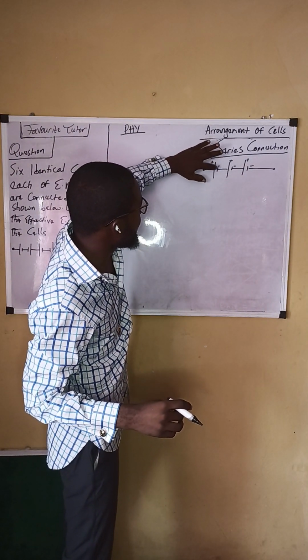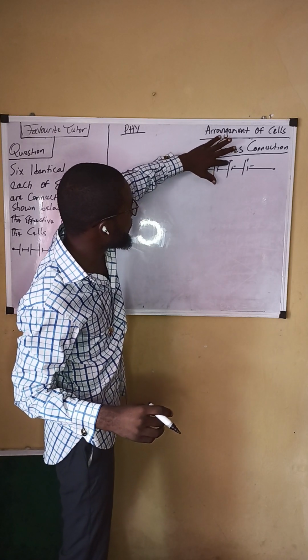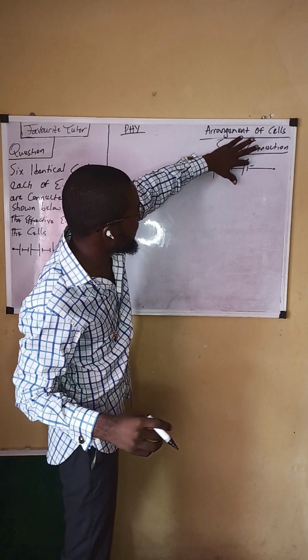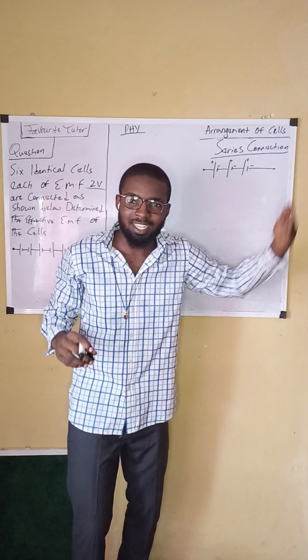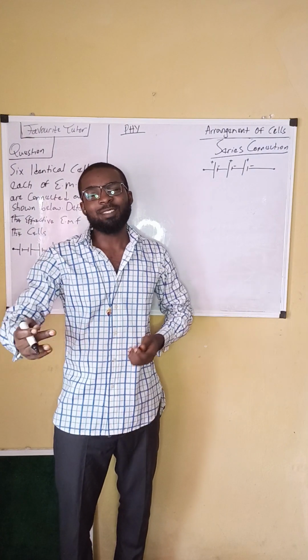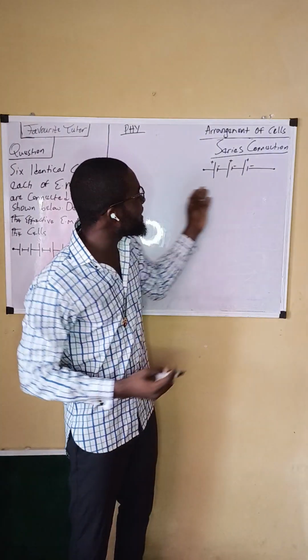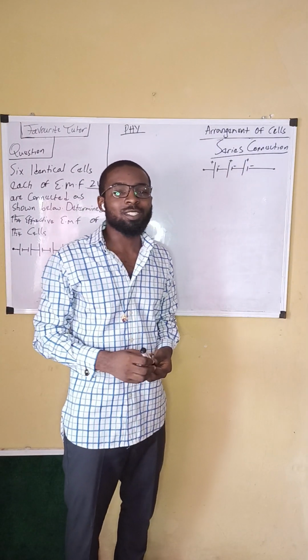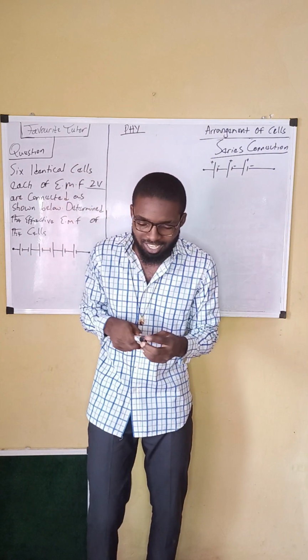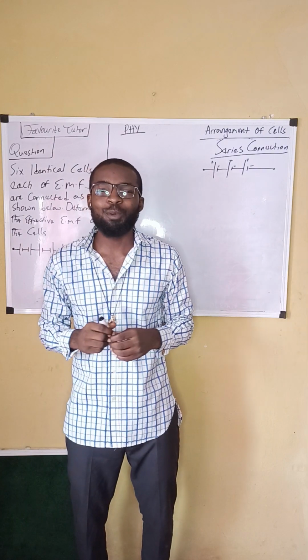The negative terminal of this battery is connected to the positive terminal of this one. Negative, positive, negative, just like that. That's the arrangement. So this is a series arrangement of cells.